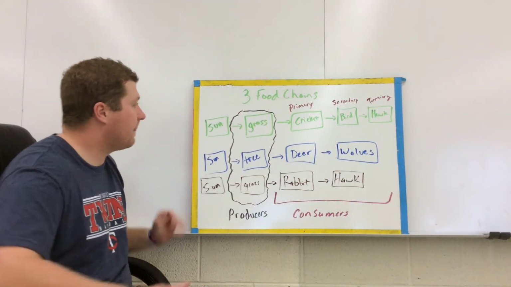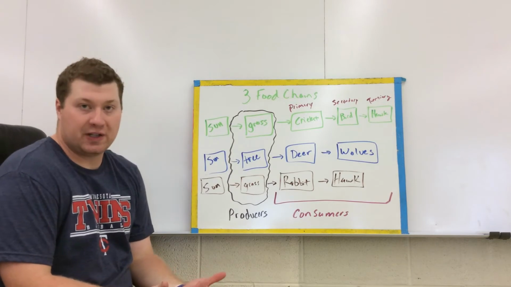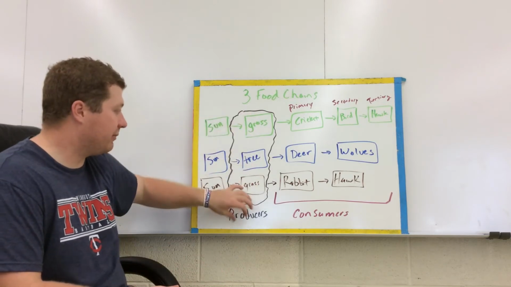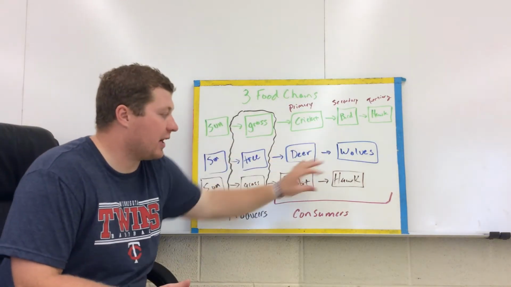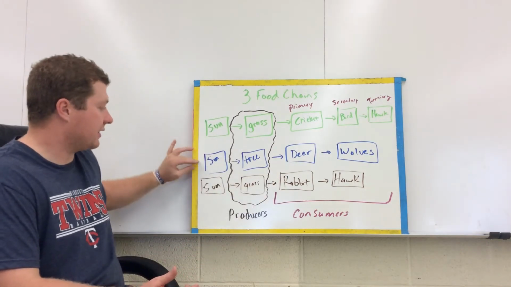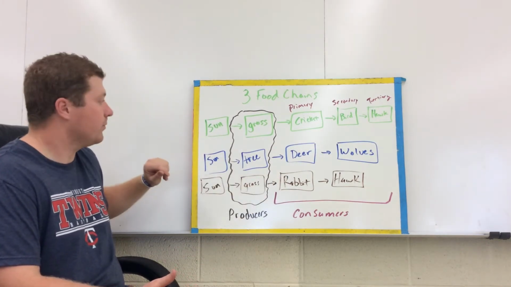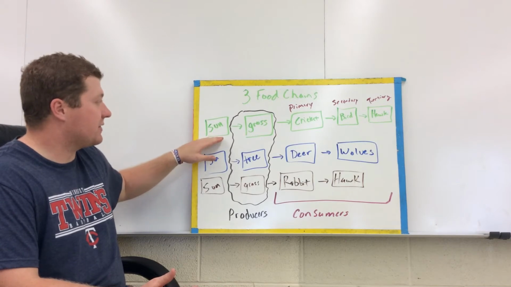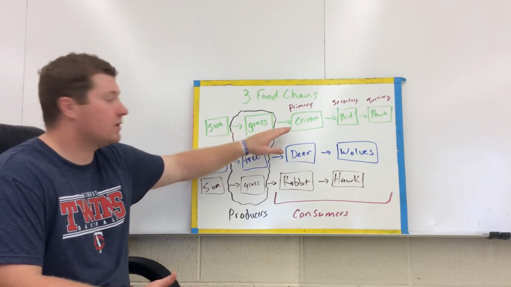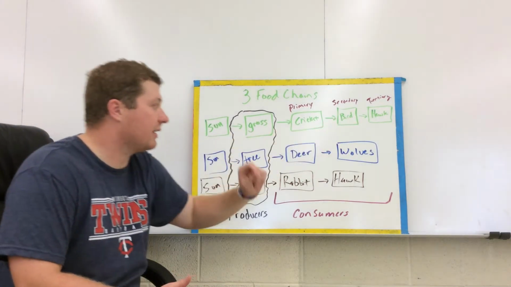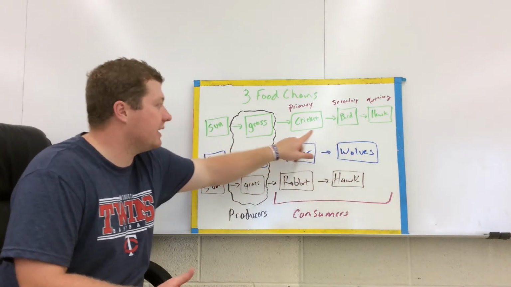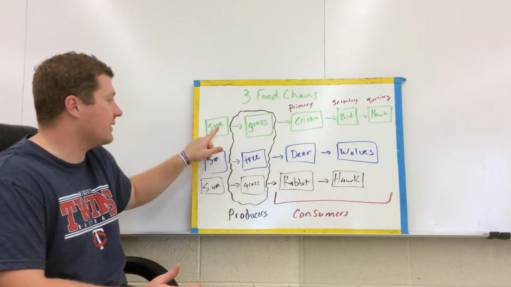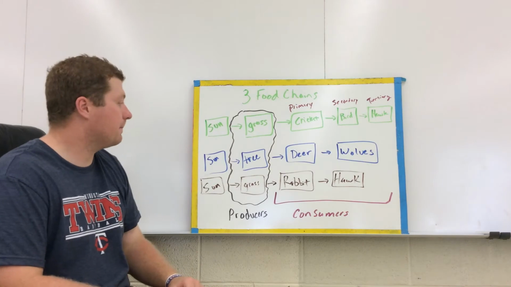Okay, so I have three example food chains here. In the black I have producers, this area here is all consumers, and each one starts with the sun. In this case, we go from the sun to grass, to a cricket, to a bird, to a hawk. So the hawk eats the bird, which eats the cricket, which eats the grass, and the grass gets energy from the sun.